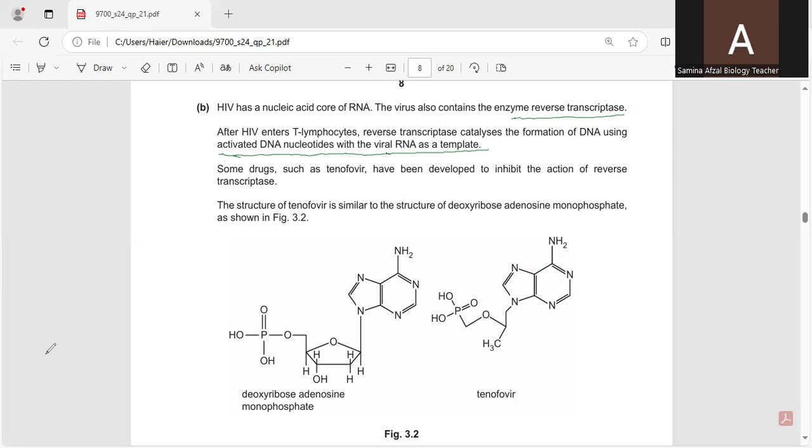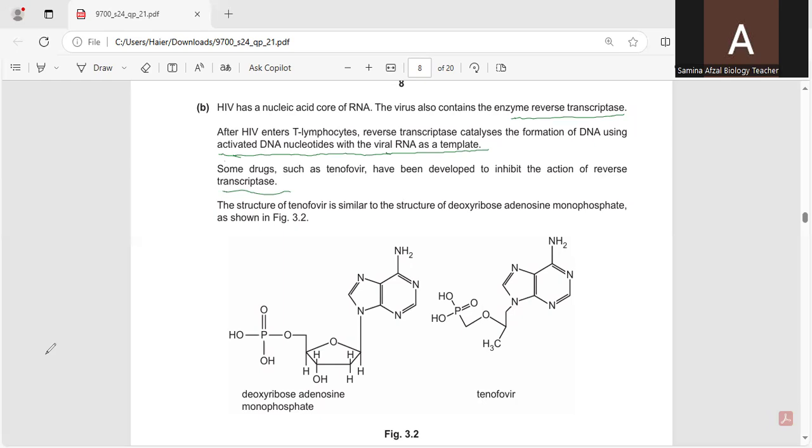Some drugs such as tenofovir have been developed to inhibit the action of reverse transcriptase. It means tenofovir acts as a reverse transcriptase inhibitor. The structure of tenofovir is similar to the structure of deoxyadenosine monophosphate, the AMP.